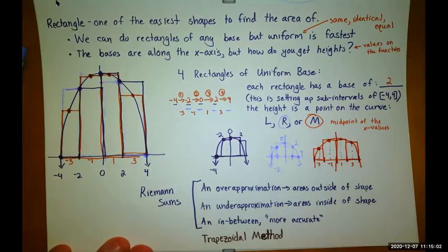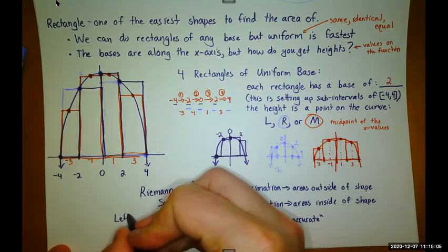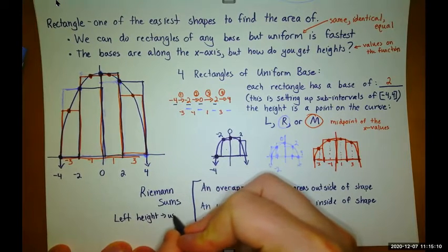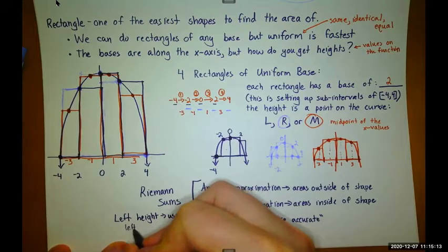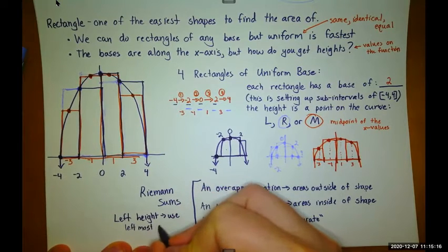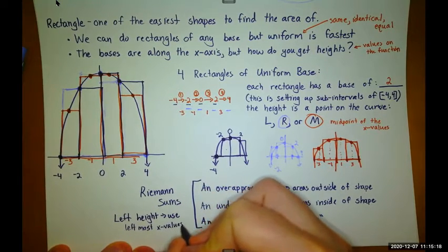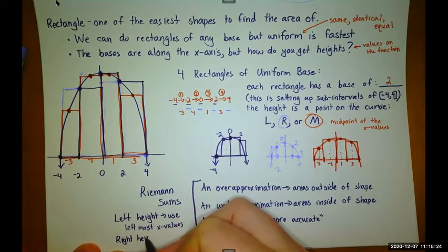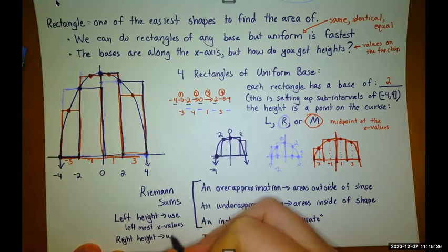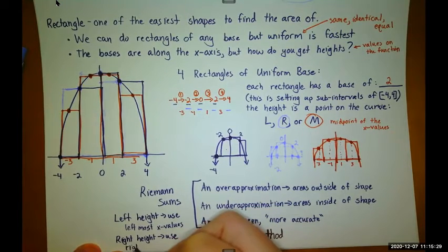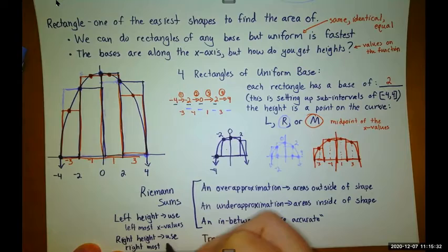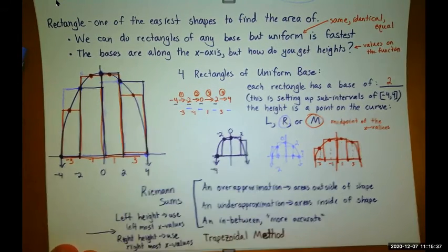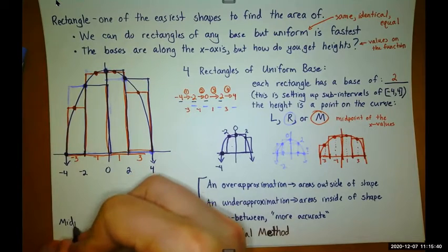So there's 3 flavors for Riemann sums. They are a left height, where we use the leftmost x values. They are the right height, not right isn't correct, where we use the rightmost x values. And then generally in between these is the midpoint.